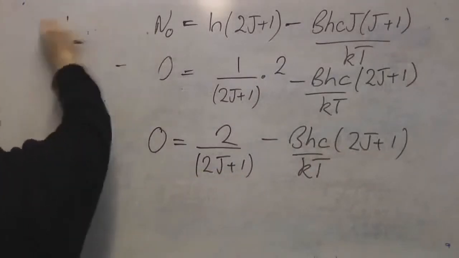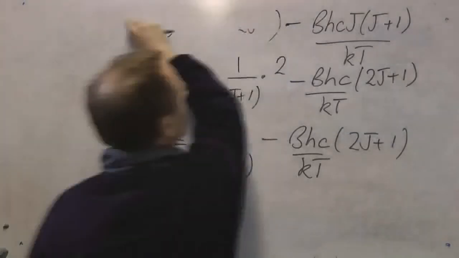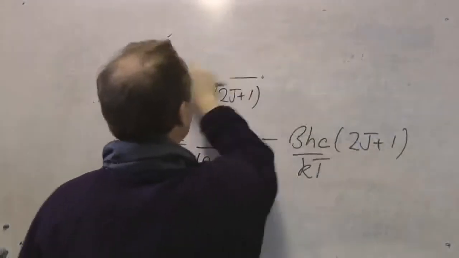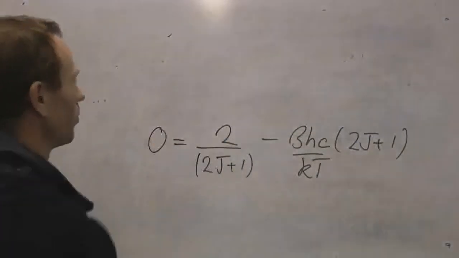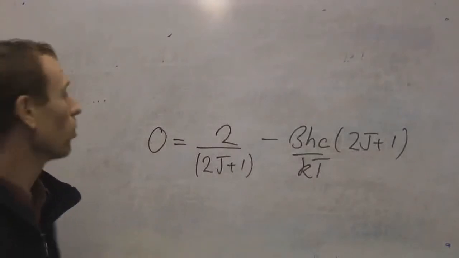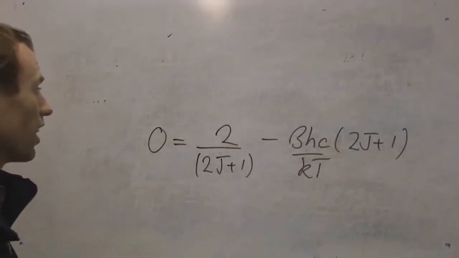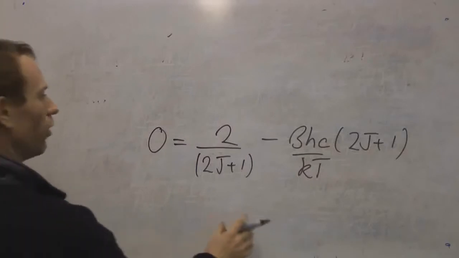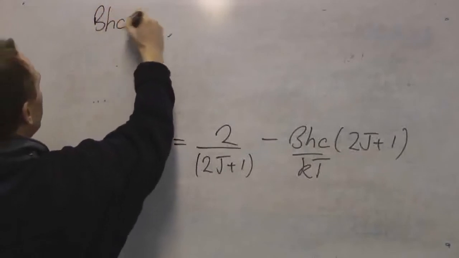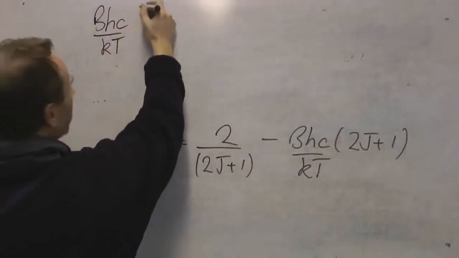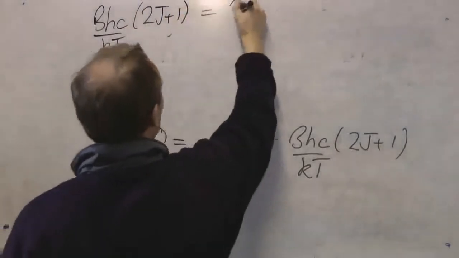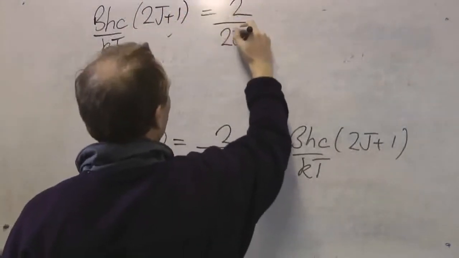So again, let's make a bit more space. So what we want to do is gather all the terms in j on one side of the equals sign. So let's start off by just bringing this across to this side. So we end up with BHC on KT, 2j plus 1 equals 2 over 2j plus 1.